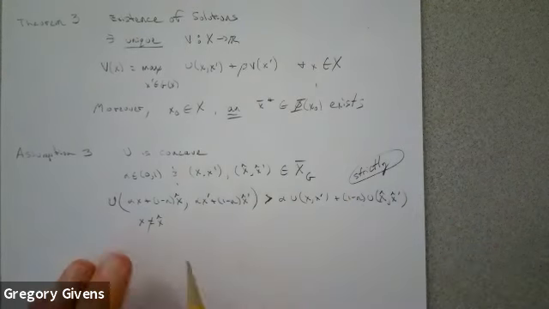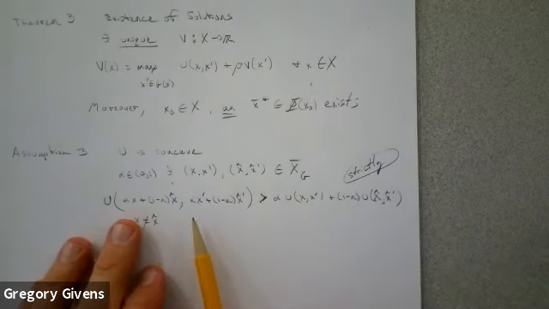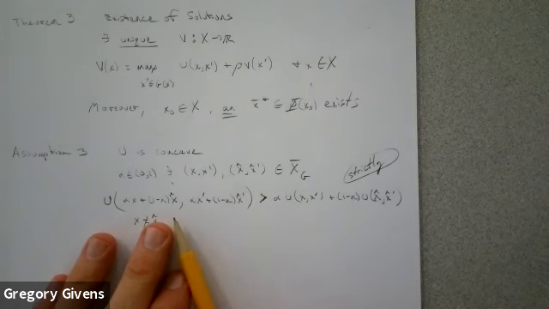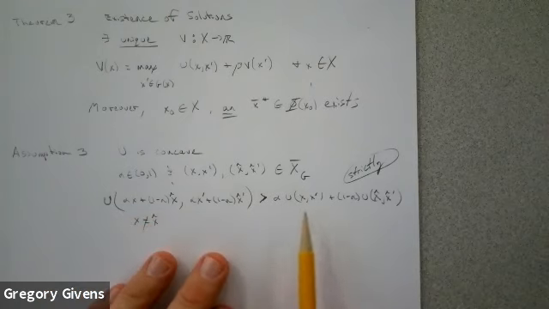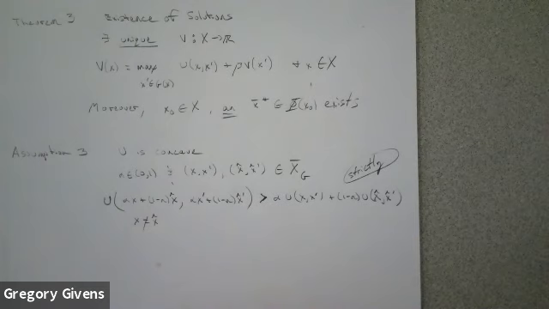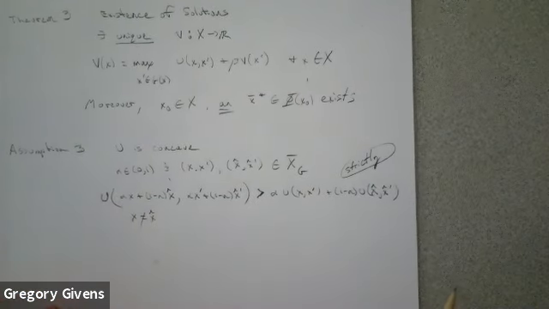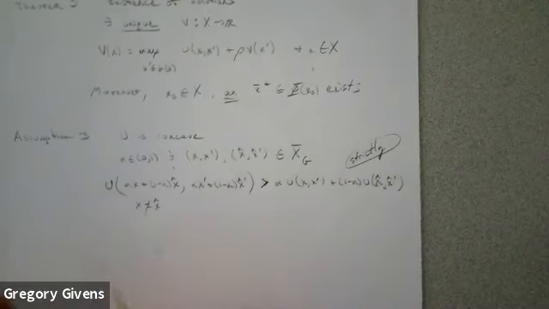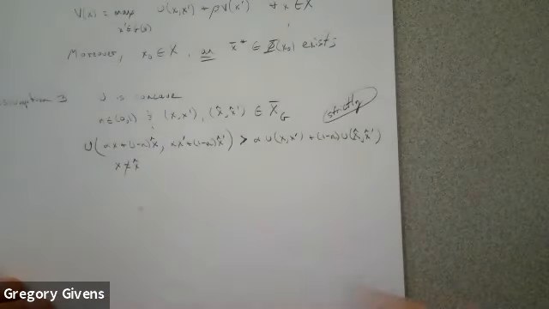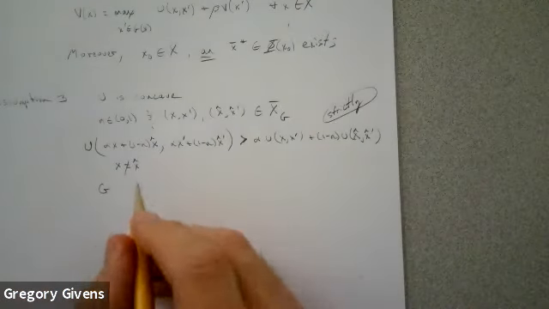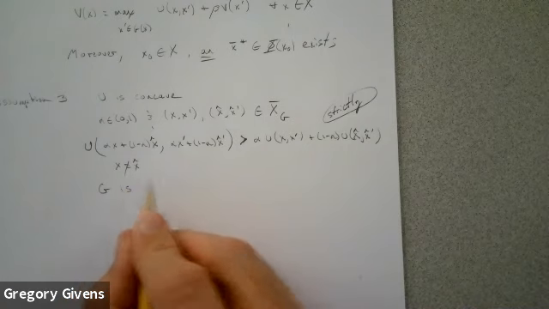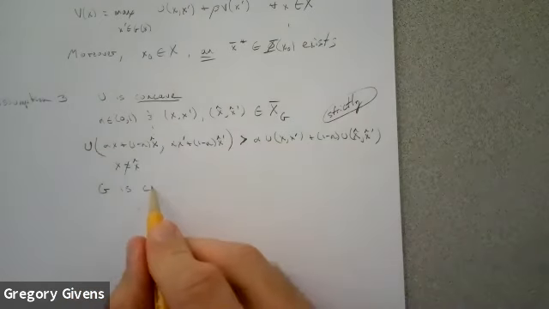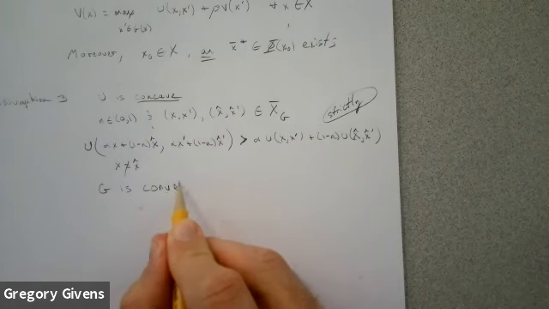All right, so U of the combination is bigger than alpha U plus 1 minus alpha U. That's the first part of the assumption. There's actually another equally as important part, and that is that the constraint correspondence, G, must be convex. So U has to be concave, but G has to be convex.